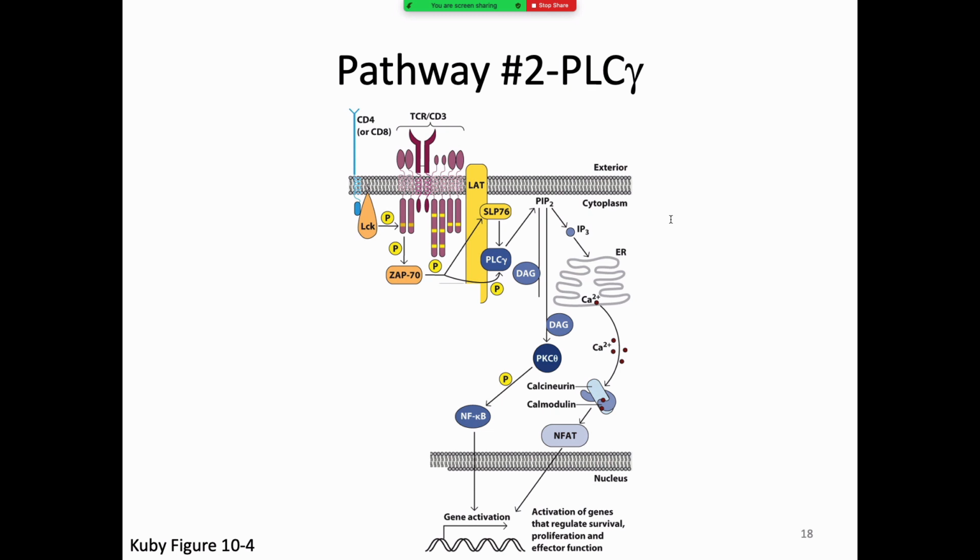One thing they do is they signal to RAS. And RAS is actually on this slide. I just covered it with a white box to get rid of confusion. But the RAS pathway is doing its thing over here. While the RAS pathway is doing its thing, we get this other branch doing its thing. And this other branch starts with a protein called PLC gamma.